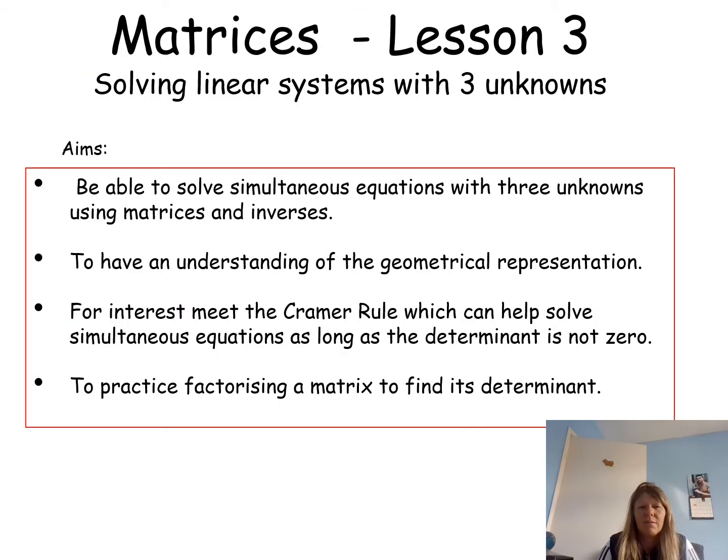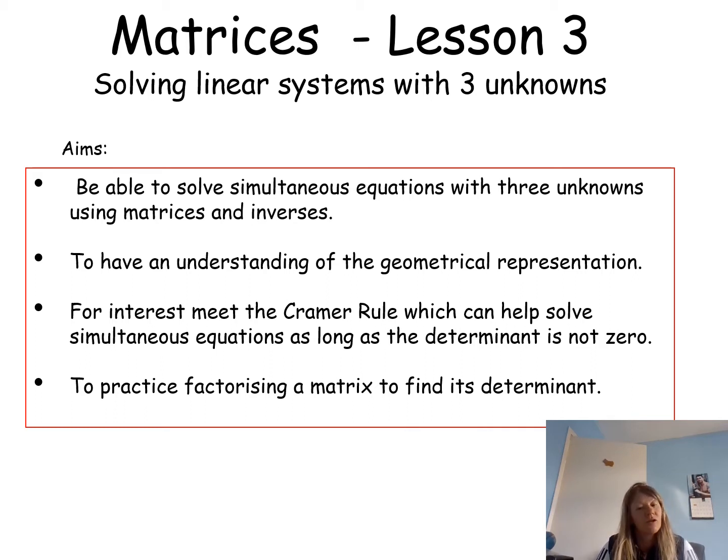Right, today then, Matrices Lesson 3, solving linear systems with 3 unknowns. How good is that? Right, we've got to be able to solve simultaneous equations with 3 unknowns using matrices and inverses. To have an understanding of geometric representation.